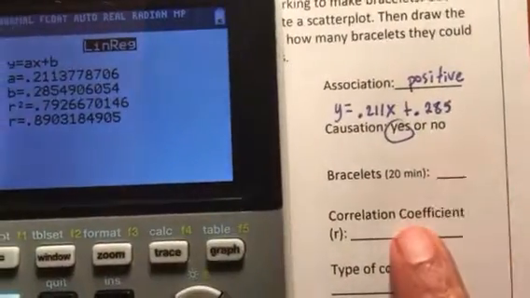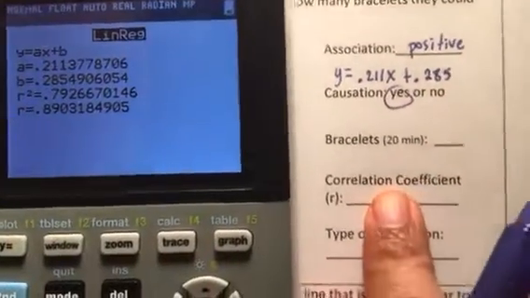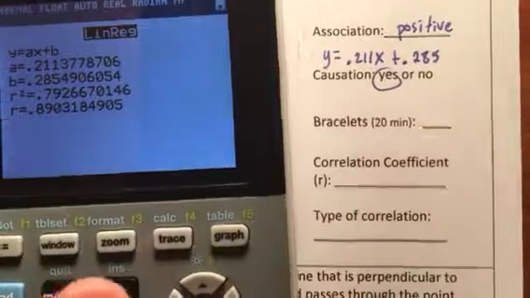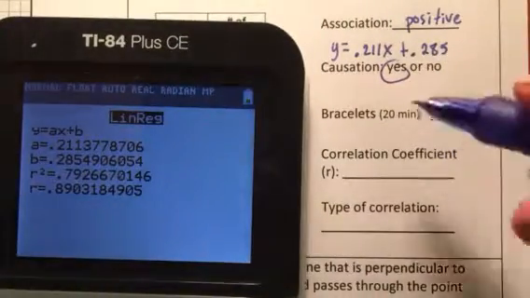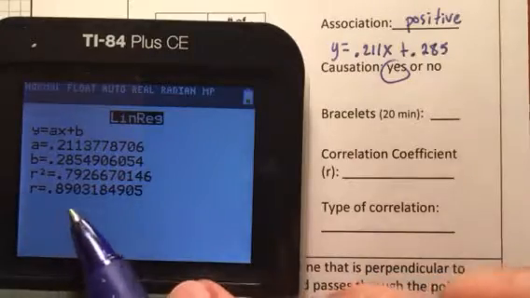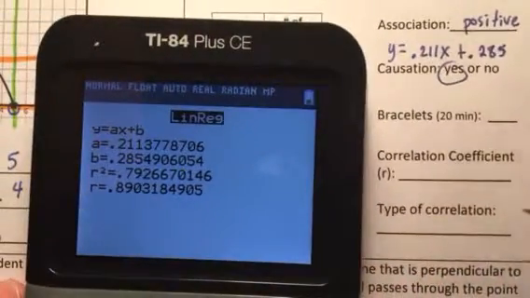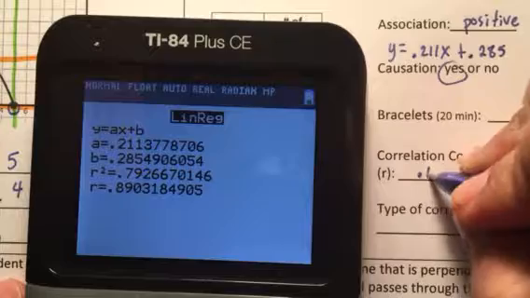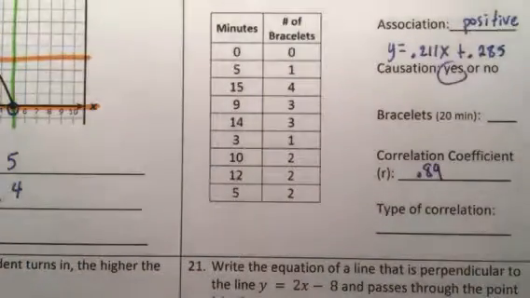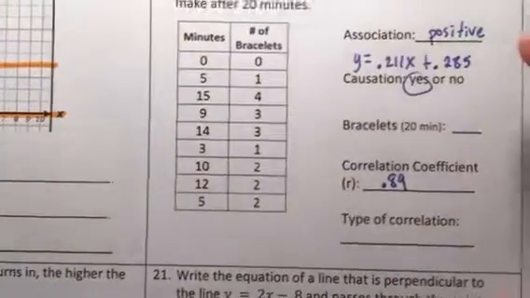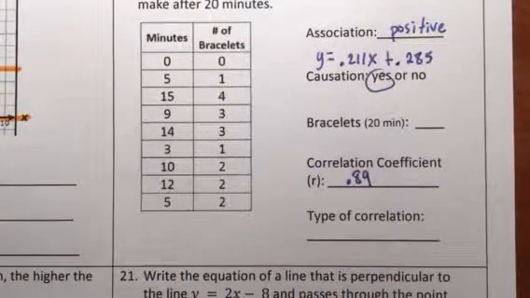Now, I'm going to skip this for right now. I'm going to go to correlate. Having trouble saying correlation coefficient. Okay, so the correlation coefficient is this R. My R is 0.89. This is where it wants you to determine whether it's a strong positive, weak positive, strong negative, or weak negative.